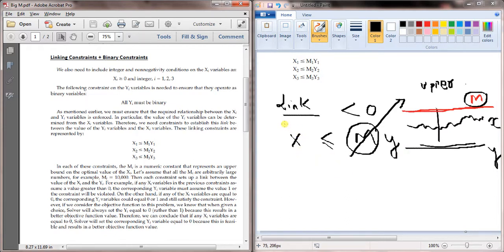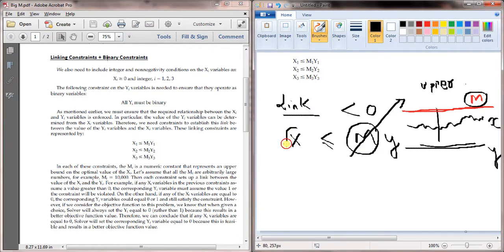Suppose x can be a value from 1 to 10, then m can be a value from 11 to infinity. That means m has to be always larger than x. This is the idea of big M. Now see how, by imposing this restriction, we link them.